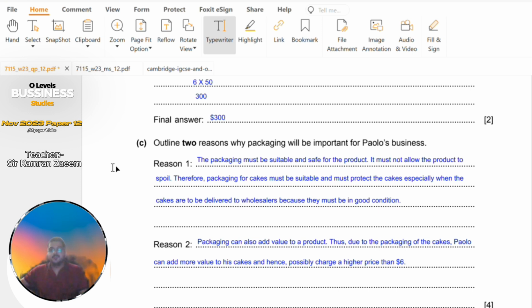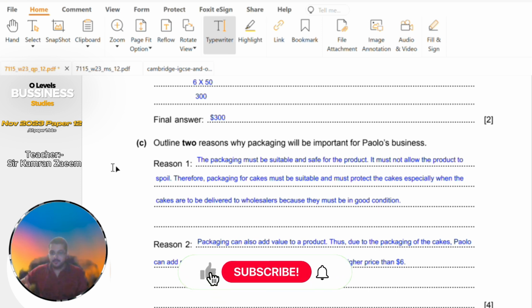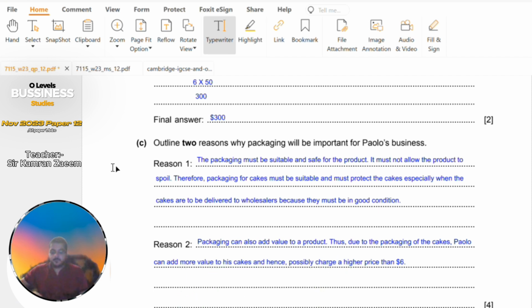For example, deliveries are usually done on what, motorbikes, right? And even on bicycles in some European countries. So you must make sure that the packaging is good and strong enough that even if it is being delivered on a motorbike or a bicycle, nothing happens to the product. It's still safe and in good condition, right?